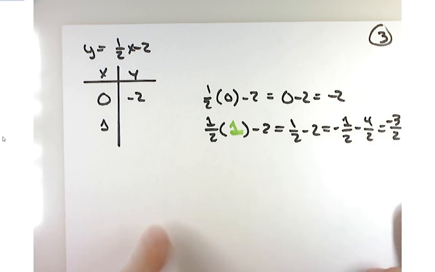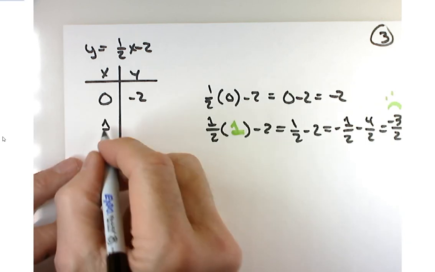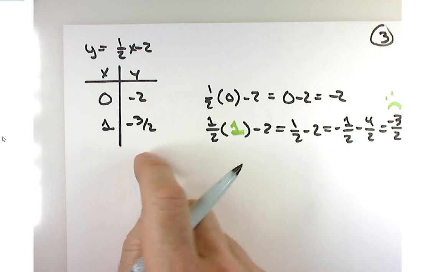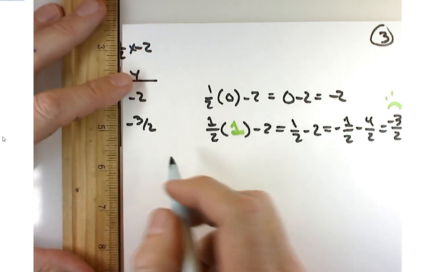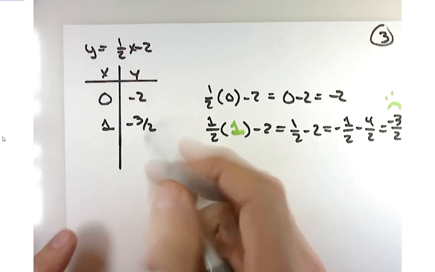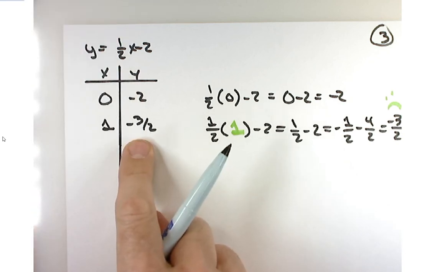But the bottom line is you get a fraction. And I know that at least some of you would be kind of unhappy with that. So let me make a suggestion here. You could plot this point, there's nothing wrong with it. That's -3/2. But most of you would probably be happier by plotting points that don't give you these fractions.